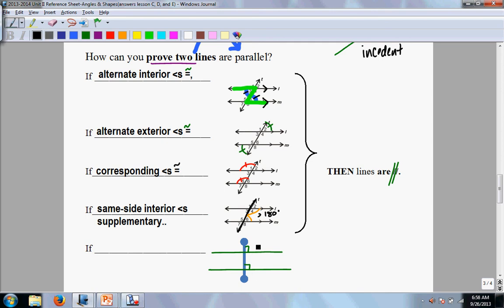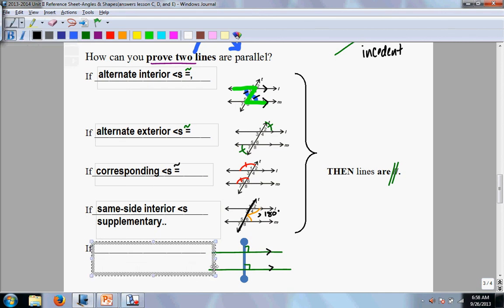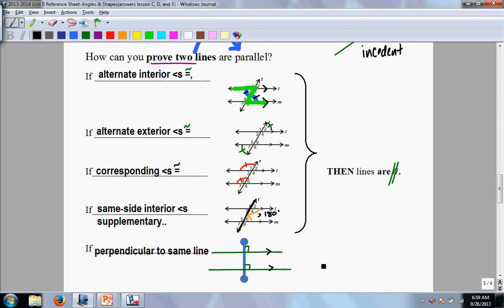And you should notice, since these two green lines are perpendicular to the same line, yes, they are parallel. So that's the last way that you can prove a parallel line. If two lines are perpendicular to the same line, then the lines are parallel.